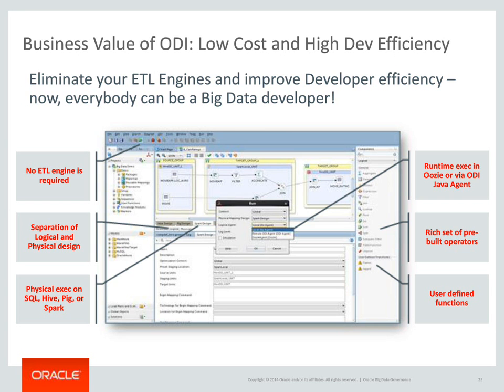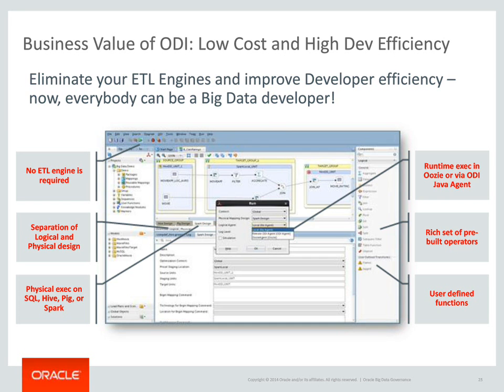We've also, as I've mentioned before, separated the logical and the physical design, and so I'm pointing out here the tabs on the user interface such that when you model the data transformations within ODI, you quite literally have a logical view, and then you have a physical view. And then in your physical view, you can actually specify different physical materializations.